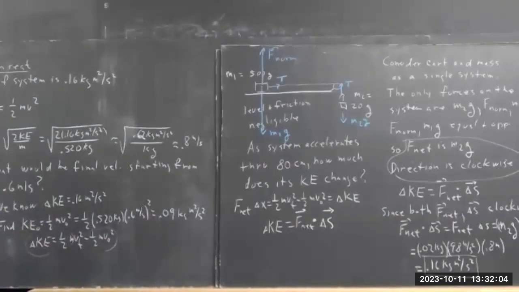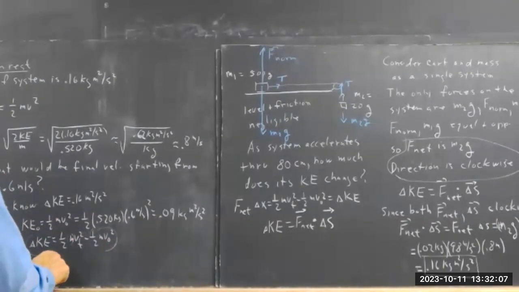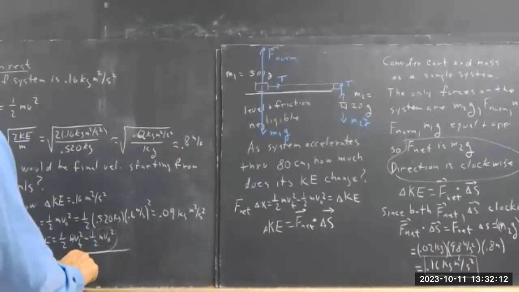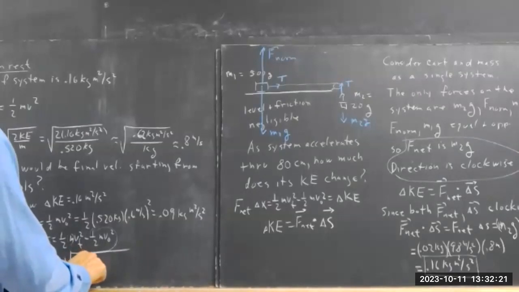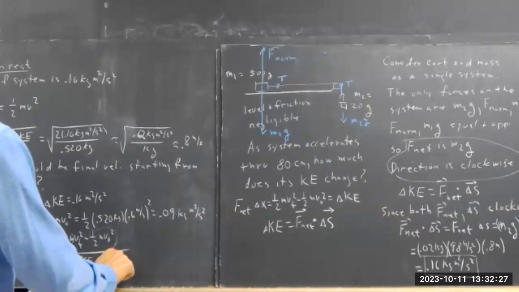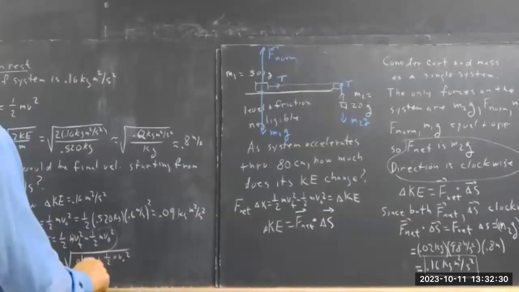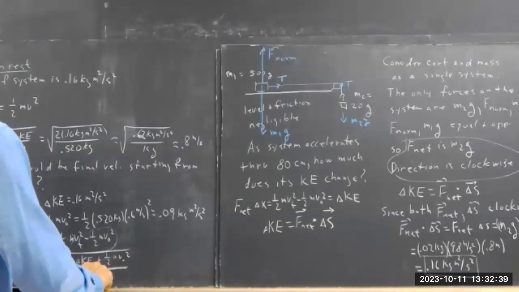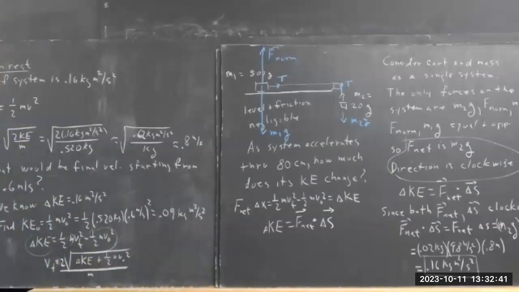The only thing we don't know at this point is vf. It's 2 times this square root divided by m.